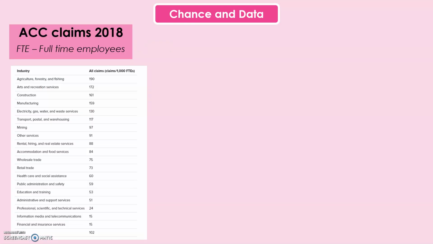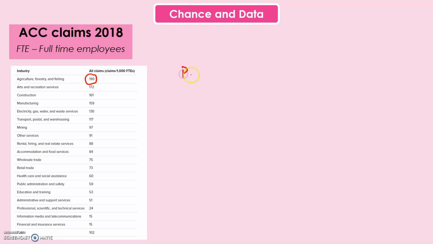There's no way of us predicting how many ACC accidents there's going to be, but what we can do is look at some of the accidents that people have claimed for. So what is the probability that you are going to be injured or need to make an ACC claim for agriculture, forestry, or fishing? Well, out of 1,000, there's 190.